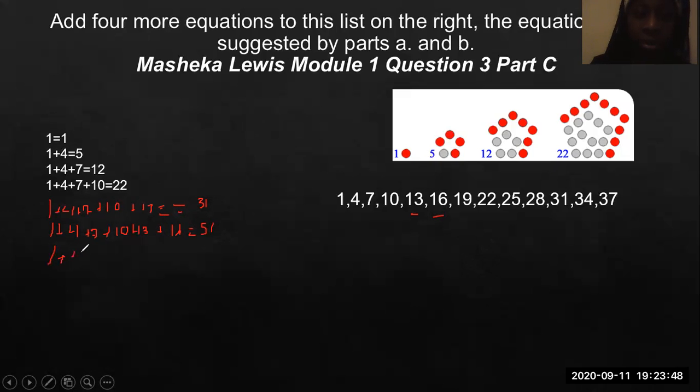1 plus 4 plus 7 plus 10 plus 13 plus 16 plus our next term, which is 19, will equal, not yet. This will equal 70.